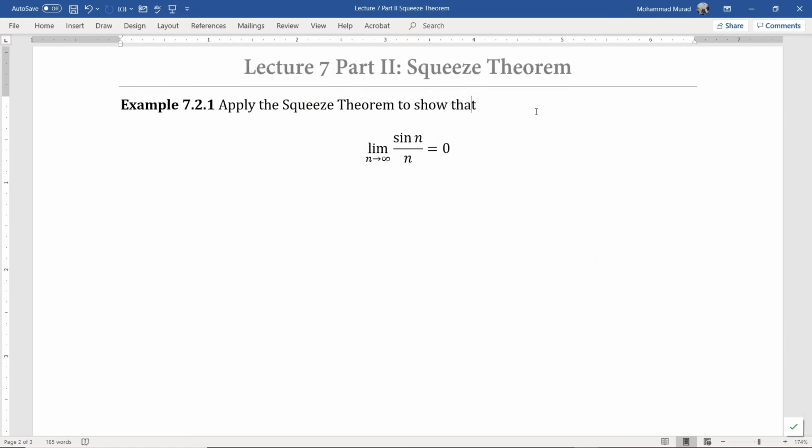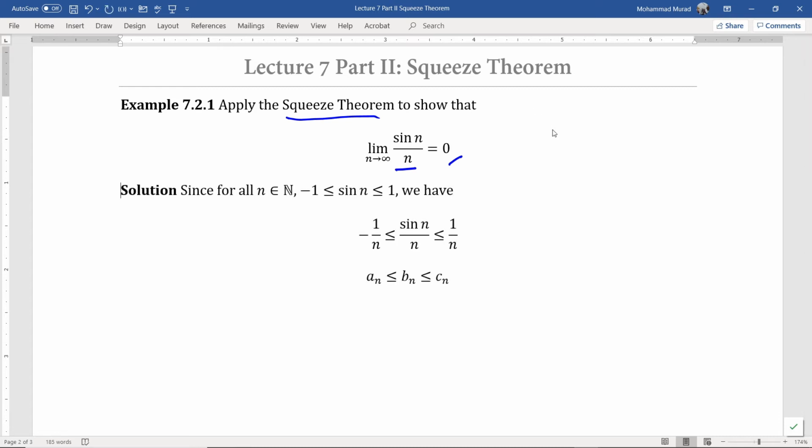Let's have a look at an example. Apply the squeeze theorem to show that the limit of sine of n over n equals 0. Let's have a look at the solution.